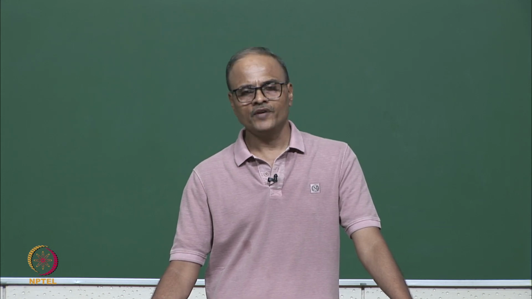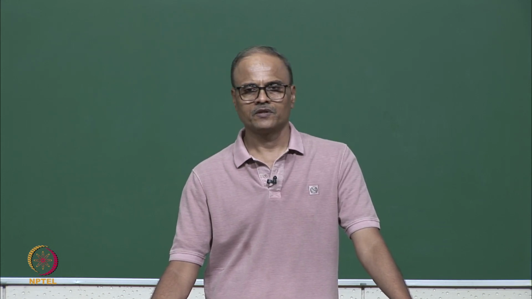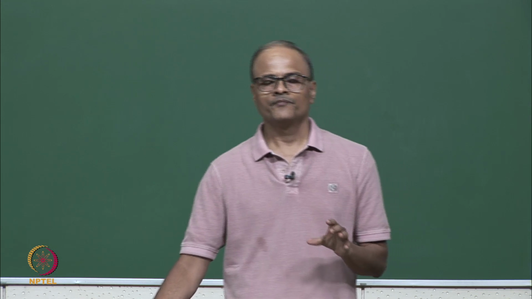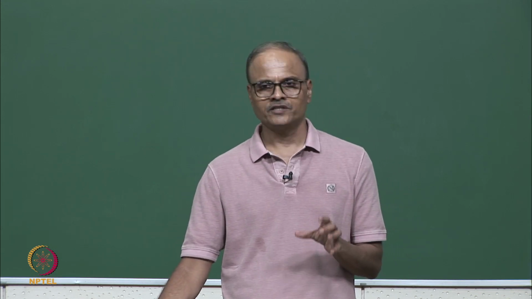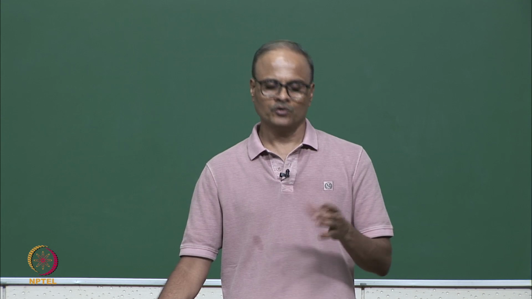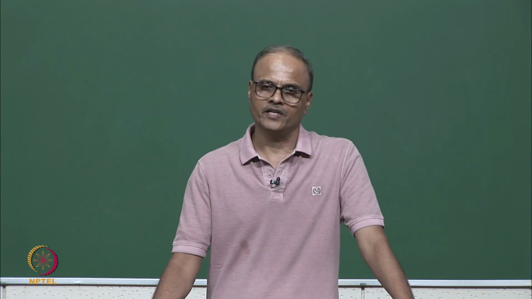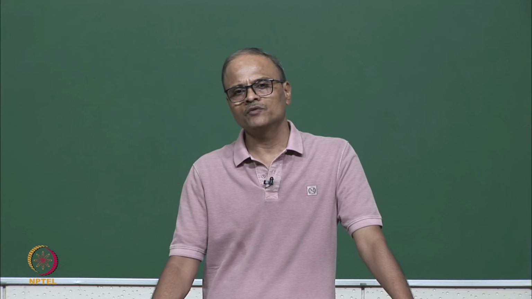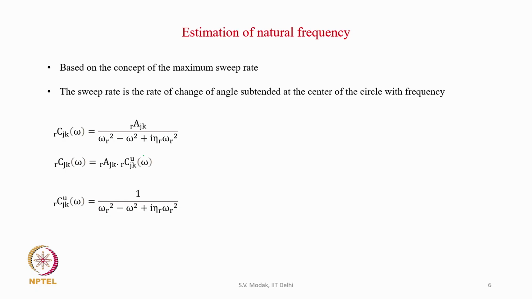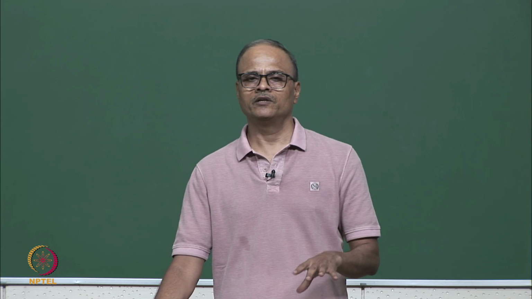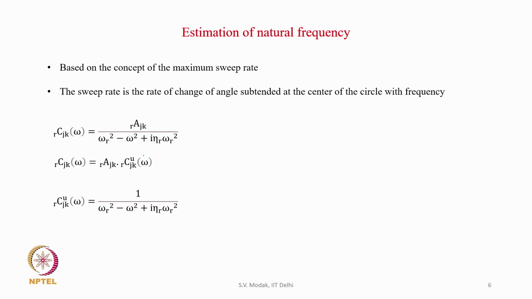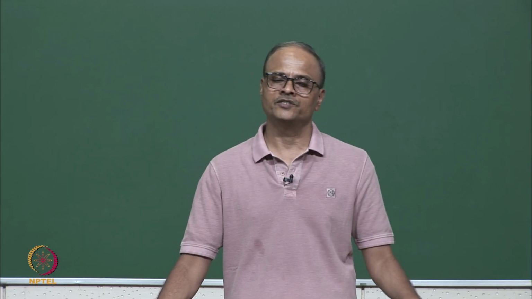And the phase of RAJK will rotate the modal circle represented by RCUJK. So, effectively the effect of the modal constant RAJK is to change the diameter of the unit modal circle and rotate it in the Nyquist plane in order to produce the modal circle, or the FRF, represented by RCJK.